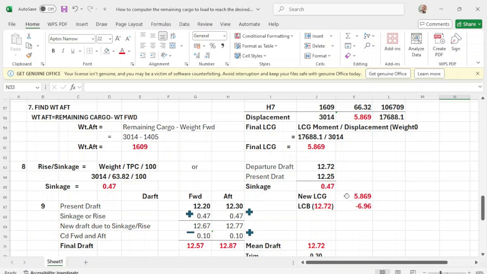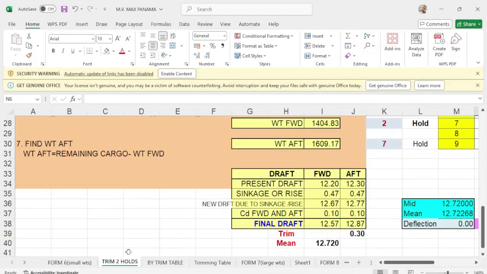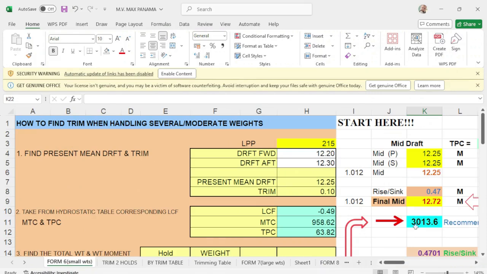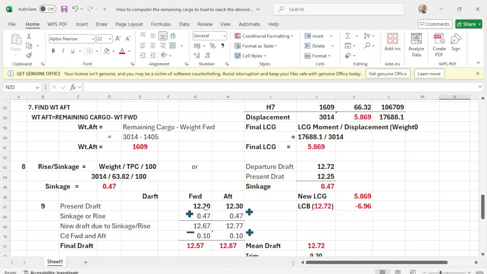And another solution is your departure drop of 12.72, which is your final drop or departure drop. And your initial drop is 12.25. Okay, so 12.72 minus your 12.25, your sinkage is 0.47.